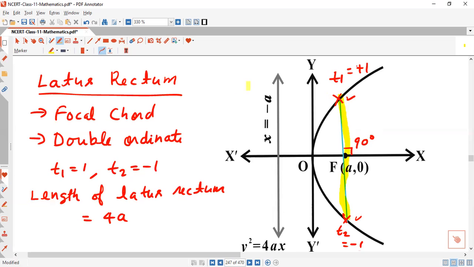The points are T1 and T2. And what is the value of the vertex in terms of T? The vertex in terms of T comes out as T equals 0. So you see, at the vertex T equals 0, at the end point of the latus rectum we get T equals 1, and if you move further, this point comes out like T equals 2 and so on.